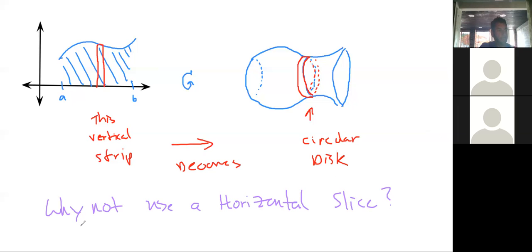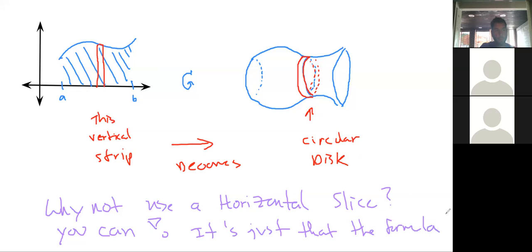It turns out that you can. The only issue is that the formula may be messy. So we might have messy formulas.